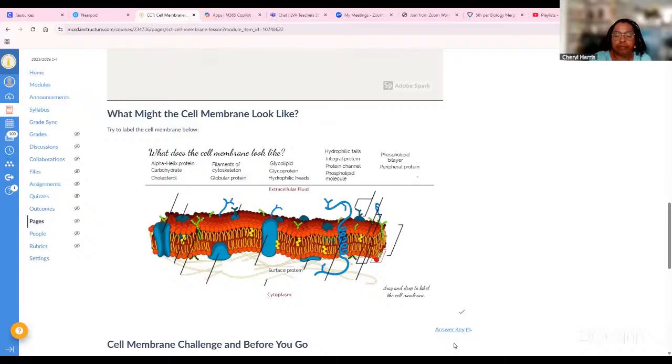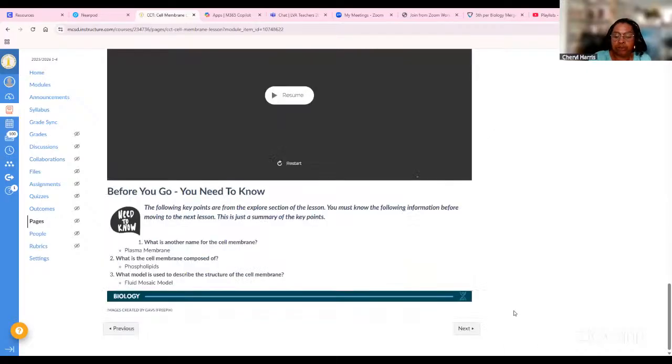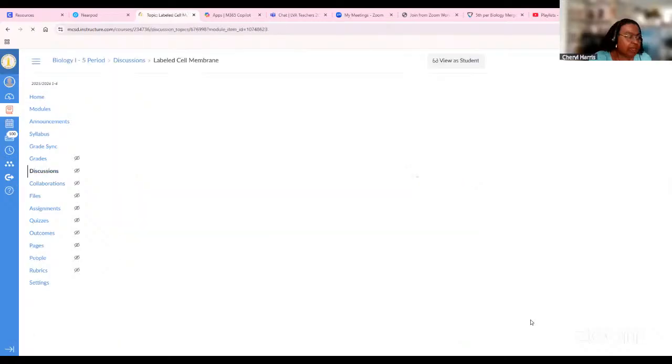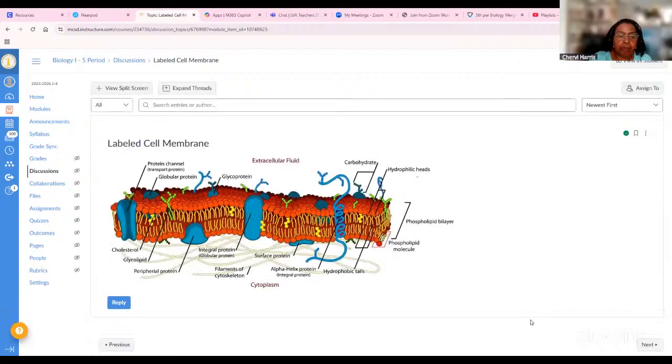Drag and drop. So again, scroll down, hit next, and you'll actually have the labeled picture. Just glance through that and then go back and try to label it by yourself.